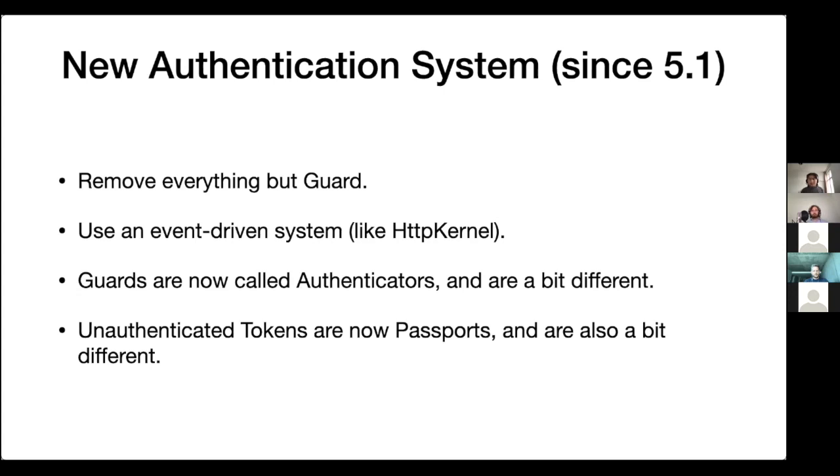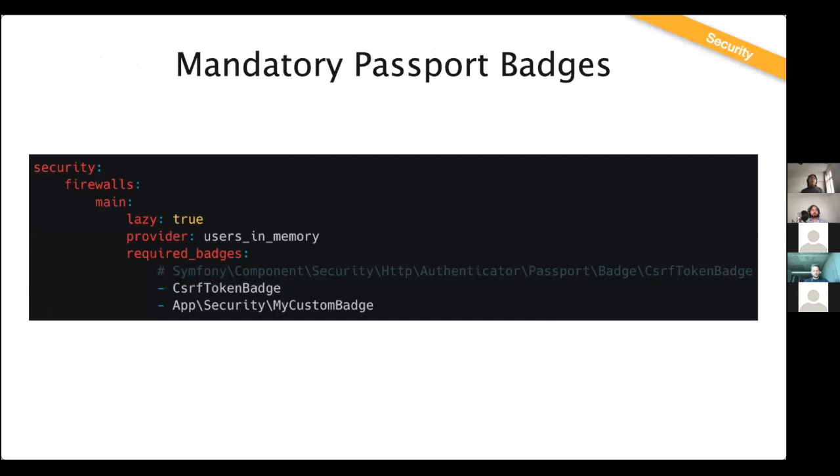And now on to the changes. With Symfony 5.3, we now have the ability to specify mandatory password badges at the application level. Now this is more of a security precaution, because if you didn't specify at an application level, hey, I need this definitely, then you could potentially have third-party authenticators that could just remove stuff, and you wouldn't even notice at the end of the day.